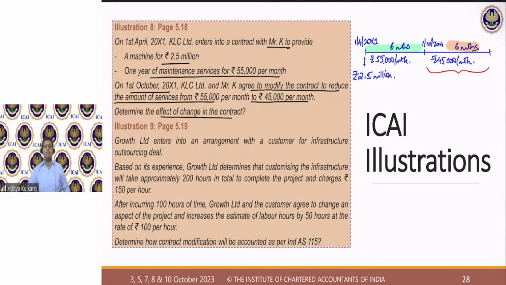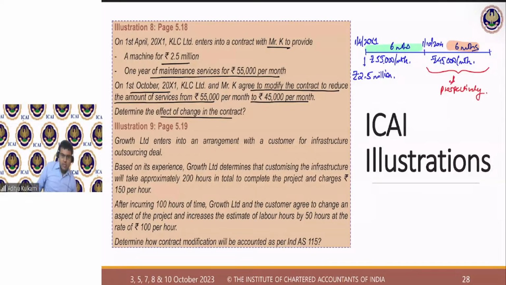Answer is yes, I have the standalone selling price. What is the standalone selling price? 45,000. Will I have to make an adjustment against the revenue already recognized? Answer is no. And therefore, these 45,000, since they are distinct, we will account for it prospectively.